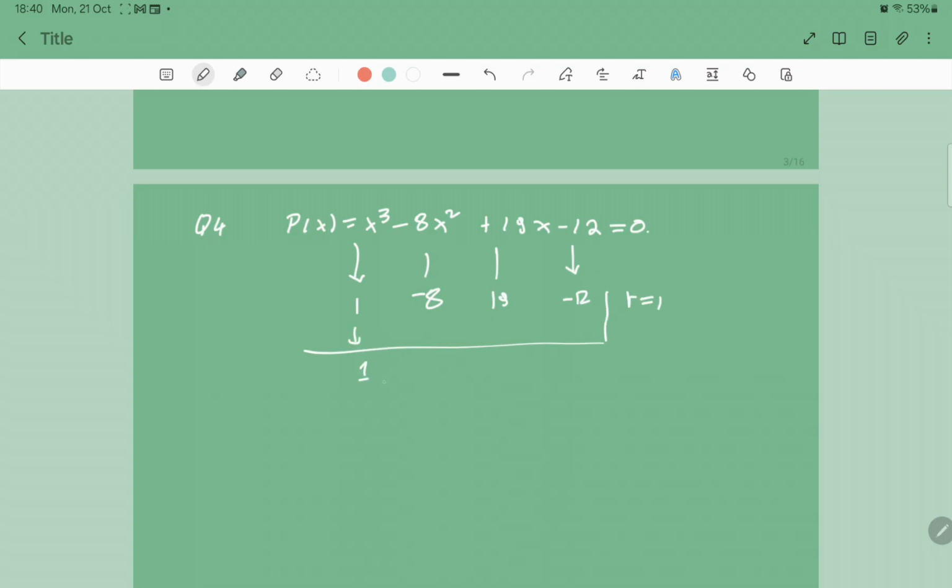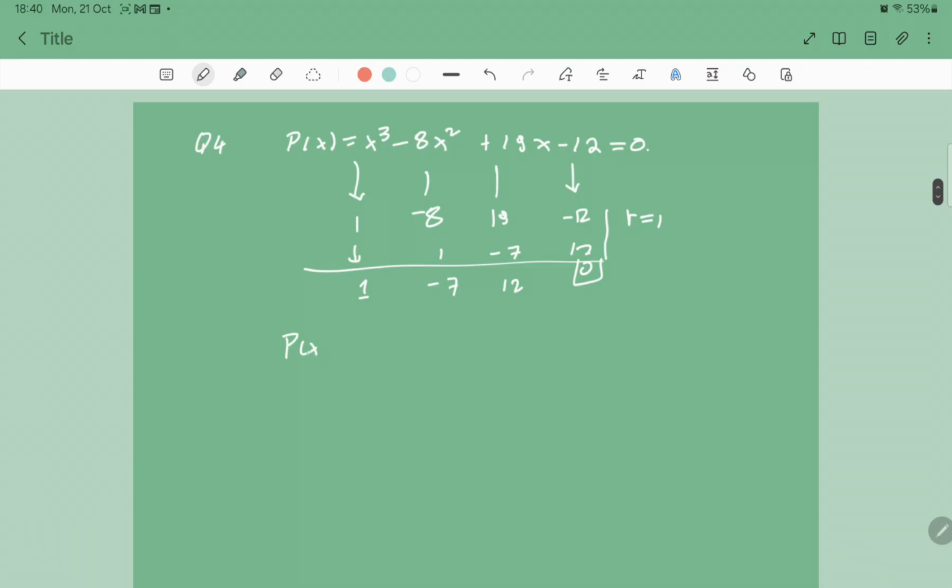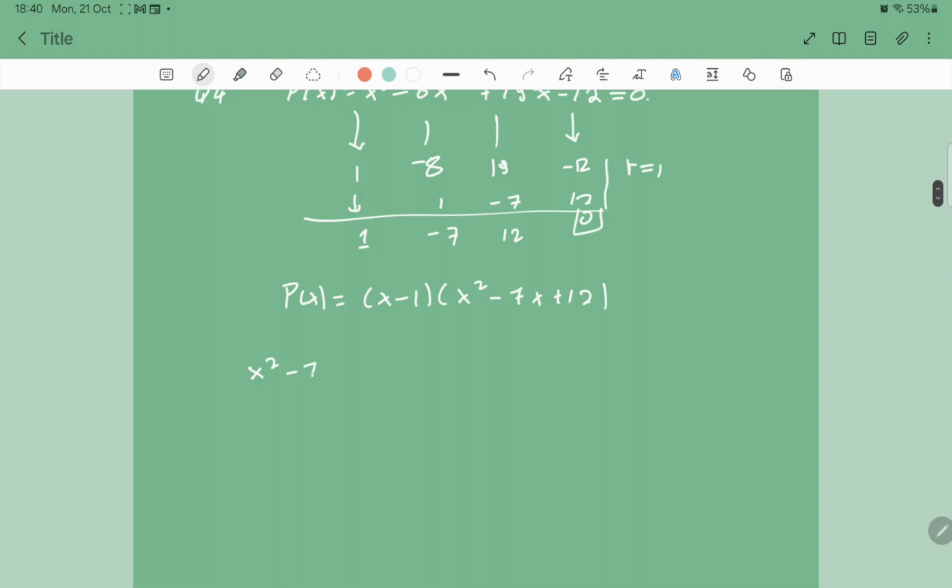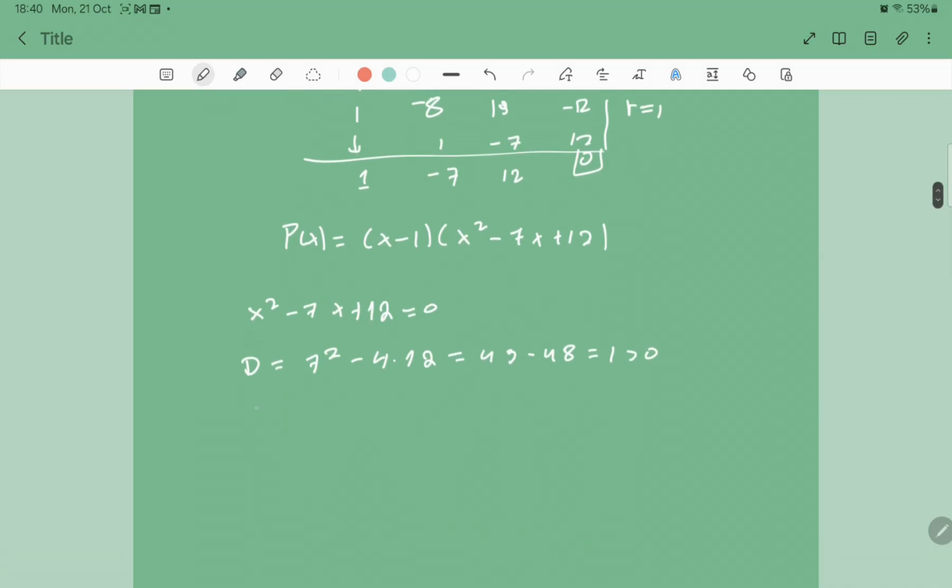I use the same initial guess. What are the roots of this polynomial? x1, x2.